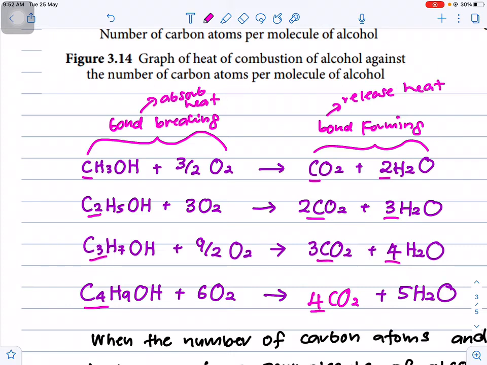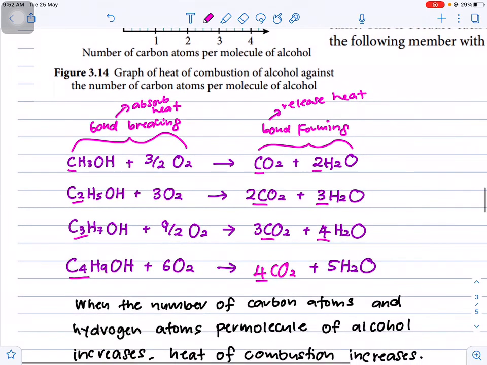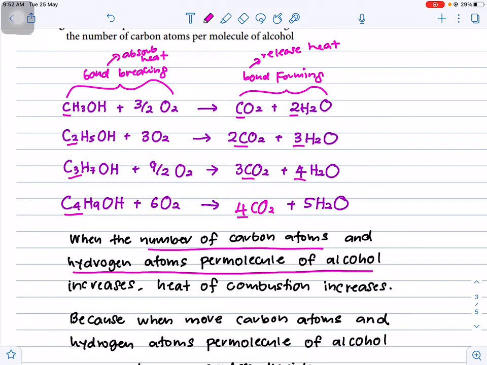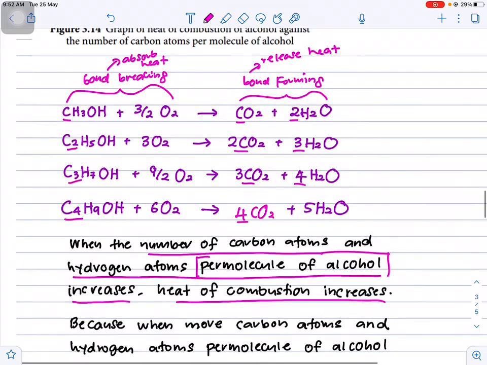So bila makin banyak kita nak form the bond, so makin banyaklah heat yang akan release. Okay, so when the number of carbon atoms and hydrogen atom per molecule alcohol, you need to mention per molecule alcohol, increase. Okay, heat of combustion also increase.